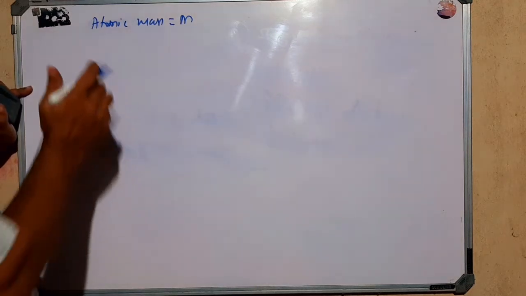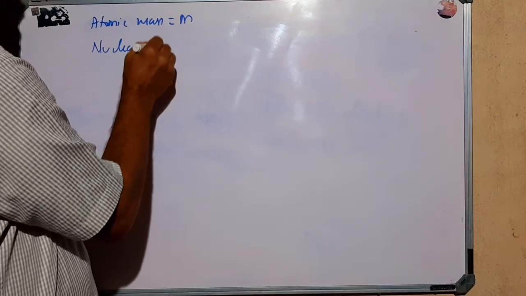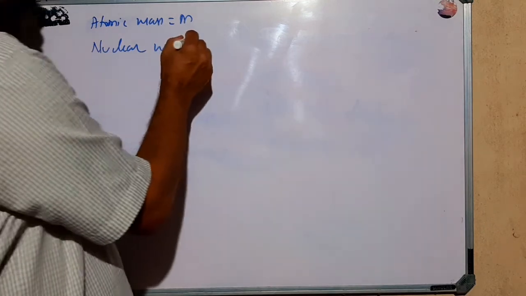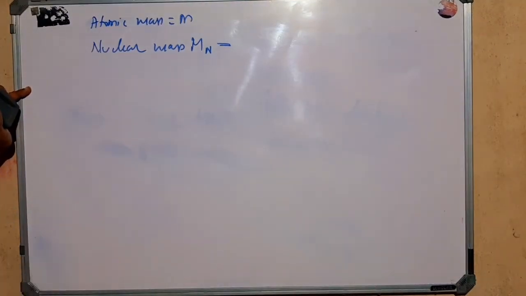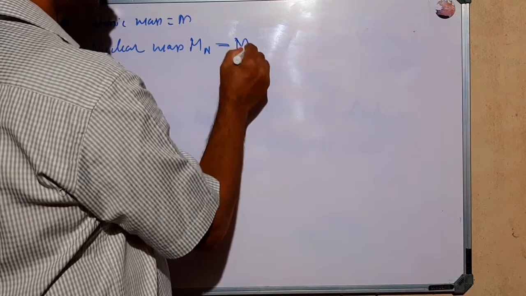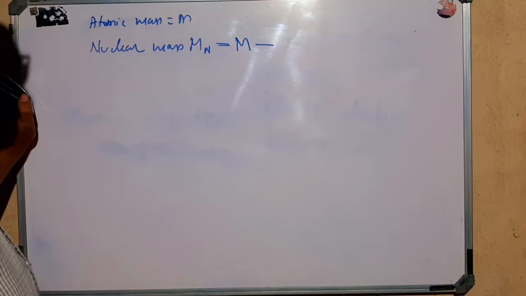So what is the nuclear mass then? The mass of the nucleus is equal to how much? Exactly, the mass of the nucleus is equal to the total mass of the atom, the atomic mass, minus the total mass of all electrons present in the atom.